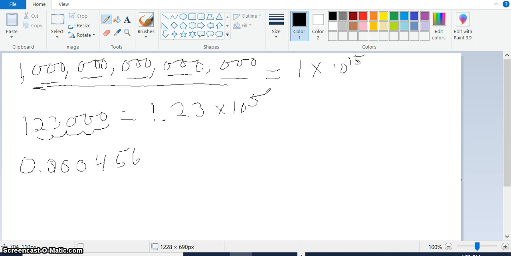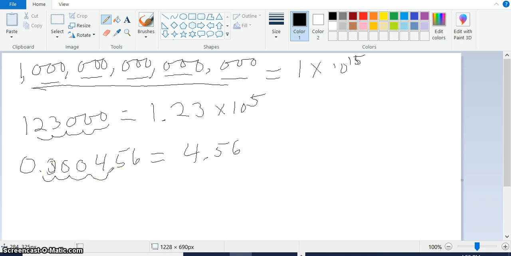Okay, so the next one is 0.00456. That's going to be rewritten as 4.56, and then where does the decimal place have to end up? It's got to be behind the 4. So how many places do I have to move it? 1, 2, 3, 4.